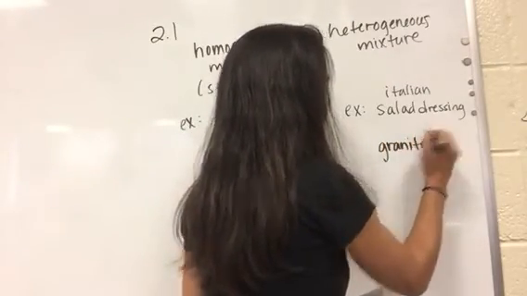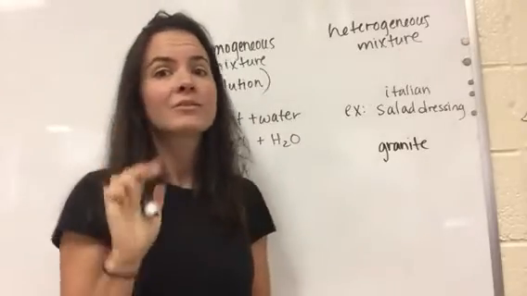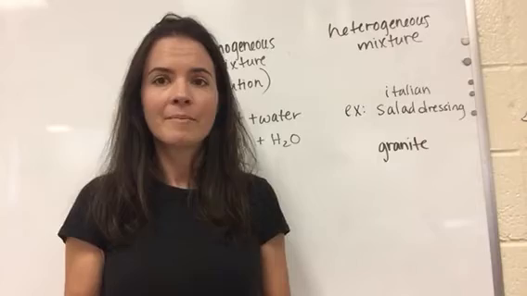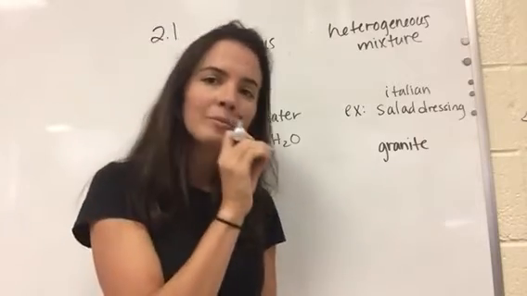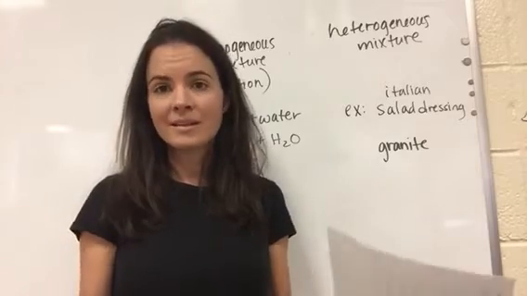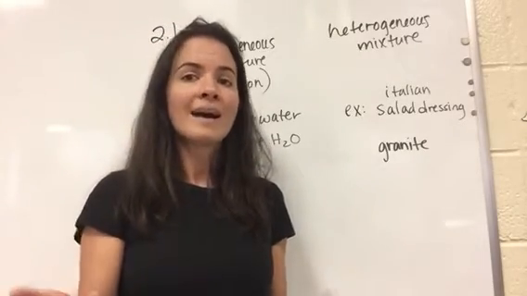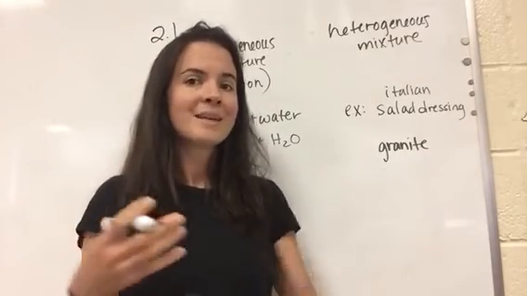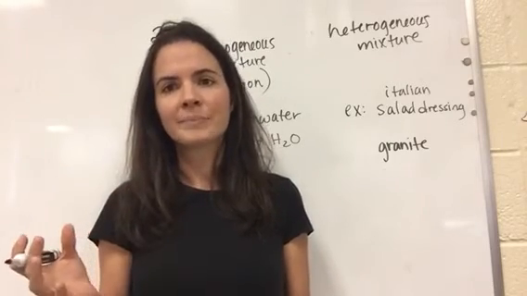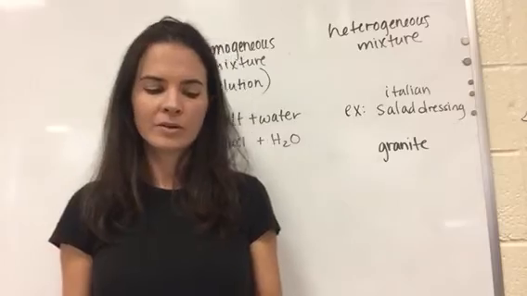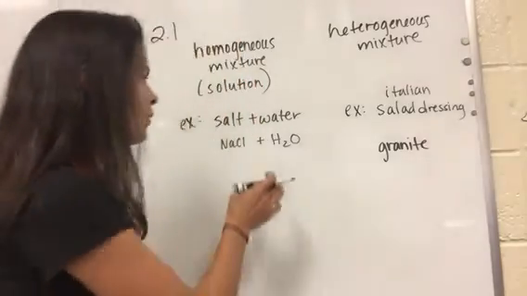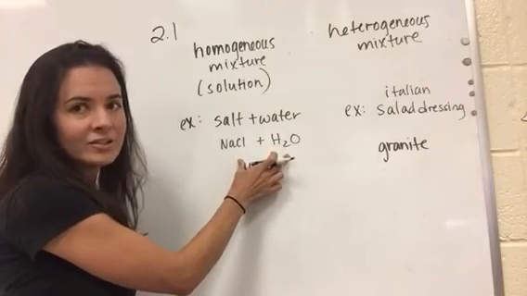Granite is a type of rock where you can see the different flakes or the different types of rock in there due to the different elements or compounds they're made of. So you see the little black flakes, you see the little white flakes. Cereal is another example of a mixture. You add milk to your cereal, it's mixed together, but you can clearly see where the cereal is and where the milk is. So that's the difference between those. When you see these written, if their formulas are written, they'll be added to each other.